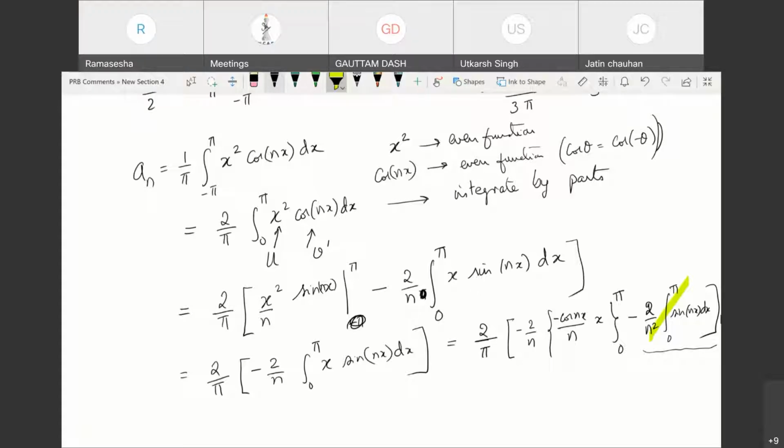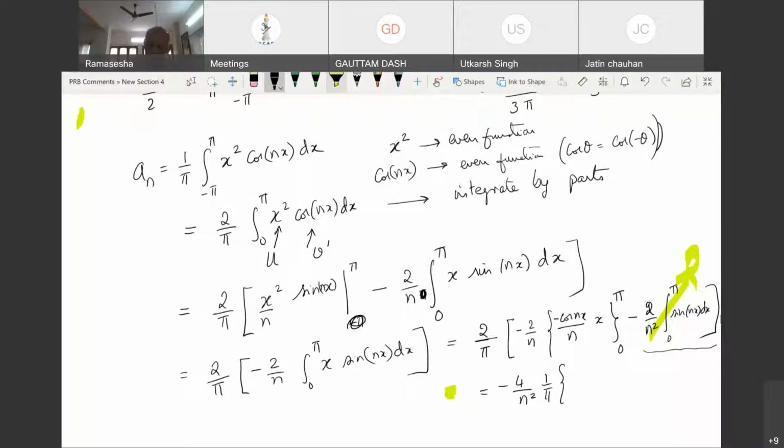And this will be equal to minus 4 by n squared into 1 upon pi into cosine nx times x between 0 and pi.